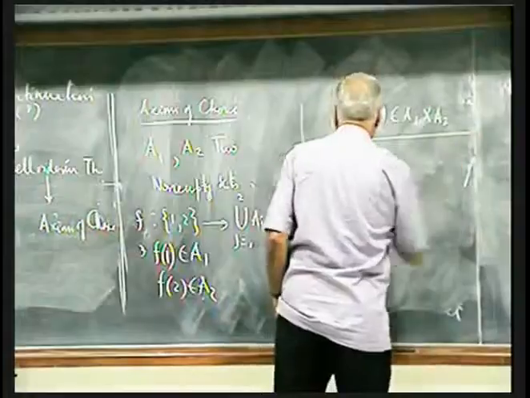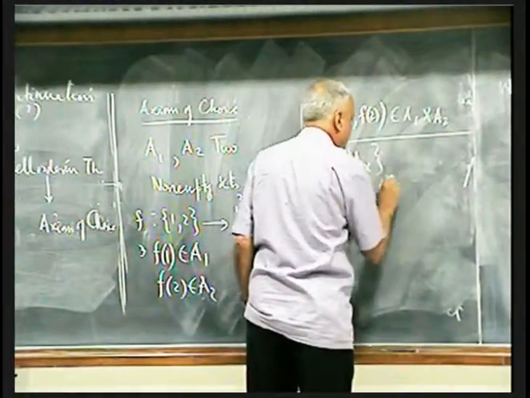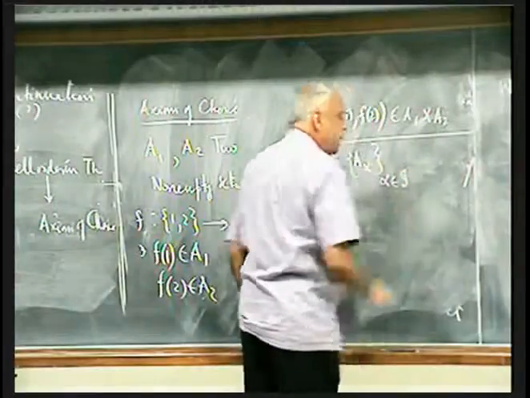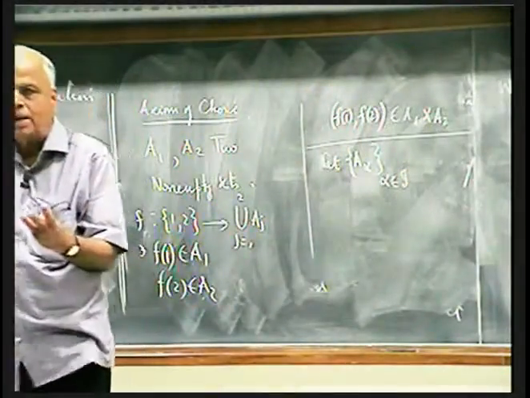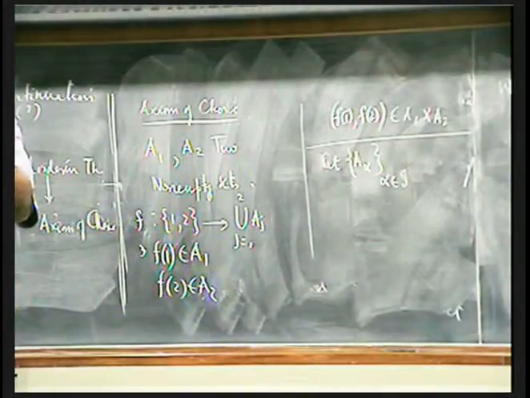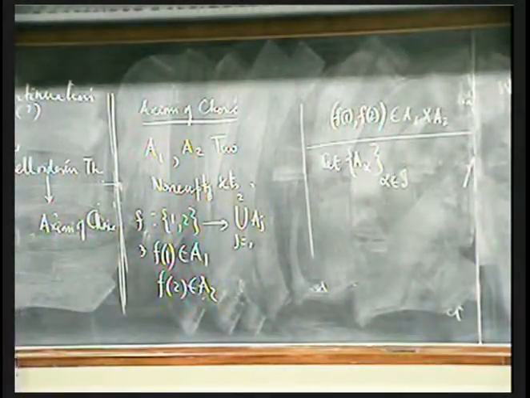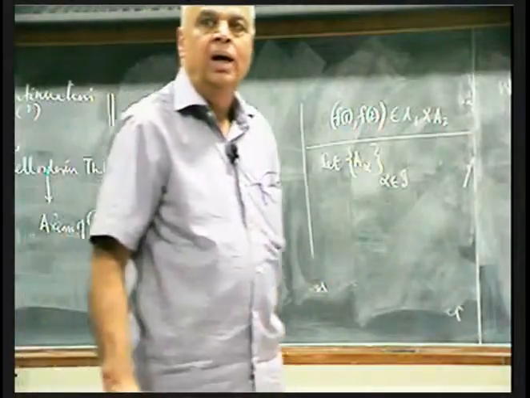So, now generalize this, let A alpha can be in any index set. That index set can be finite, countably infinite, uncountably infinite. For example, take the time interval 0 to 1. For every time, there may be a corresponding set. So, for every t, I have a A_t. So, now the index set is uncountably infinite.